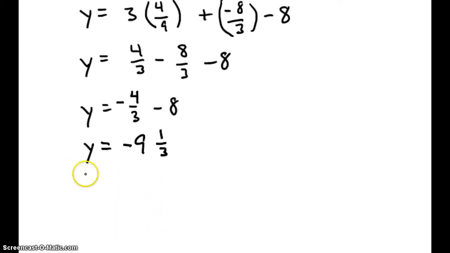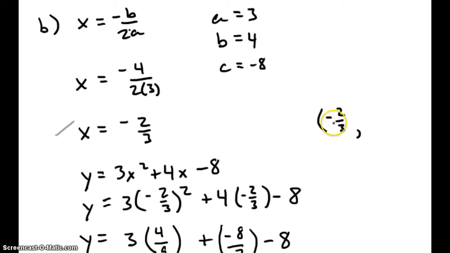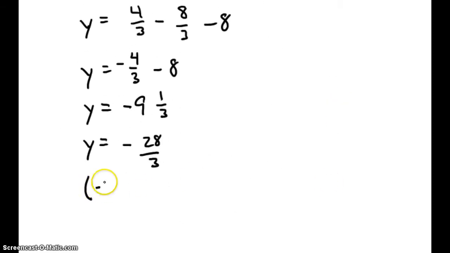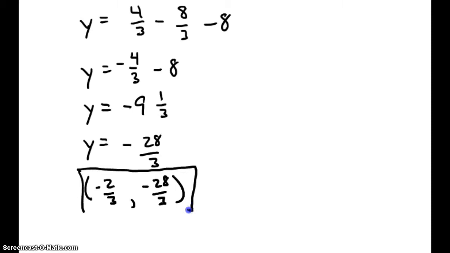Or if I write this as an improper fraction, I get negative 28 over 3, which in the end, I need to write this as an ordered pair. I have my first number right there, my first coordinate, negative 2/3, and I have negative 28 over 3. Again, not two different answers, but one single point made up of an x coordinate and a y coordinate.